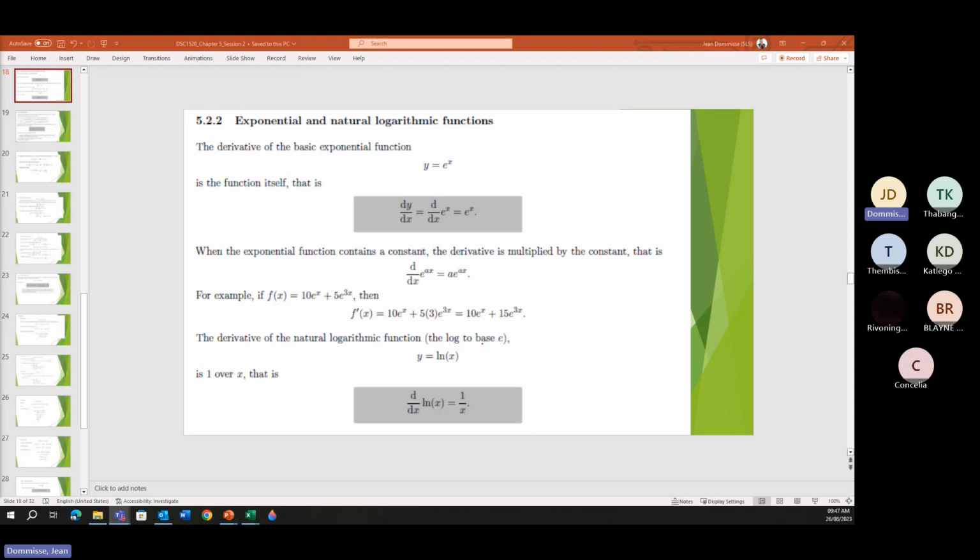We just know that if that was your log function and we need to differentiate, the first thing we need to remember is that when you differentiate the exponential function, it stays exactly the same. So when we differentiate something that was e to the power of x, it stays the same.